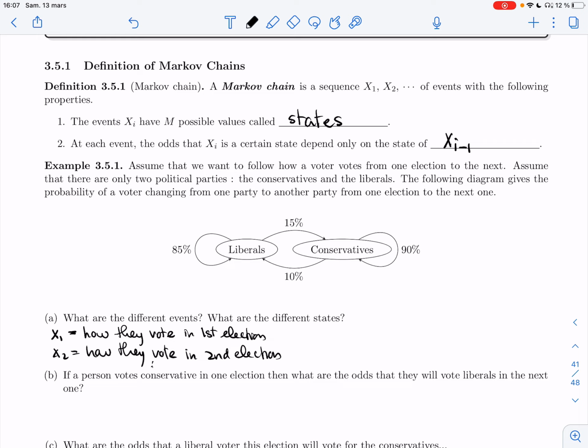And the states are the values that each of these variables could take. So the states, there are only two. It could be liberals or conservative. So I have two states here. So m is 2.